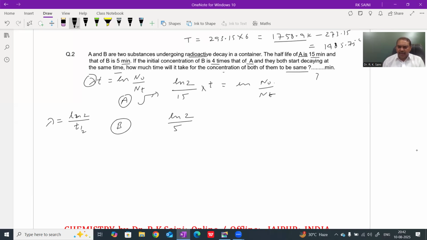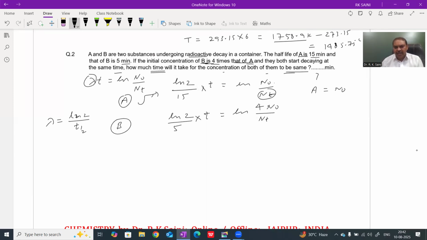And for B, ln2 upon half life into t equals ln initial concentration of B over its concentration at t. In the given question, the initial concentration of B is 4 times that of A. Suppose the initial concentration of A is N naught, then the initial concentration of B is 4 N naught. And we require the time by which the concentrations of both become the same.